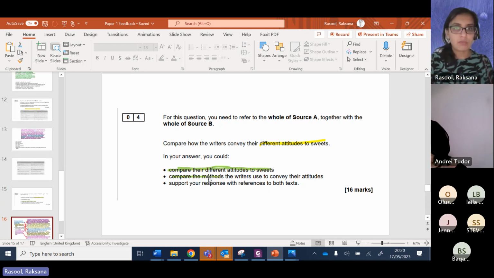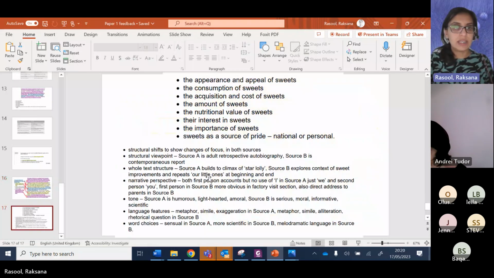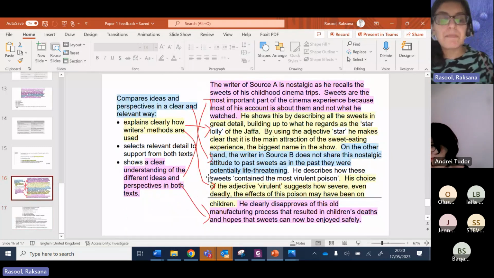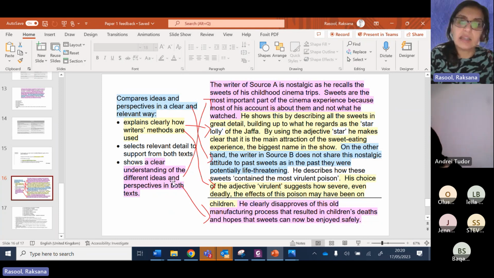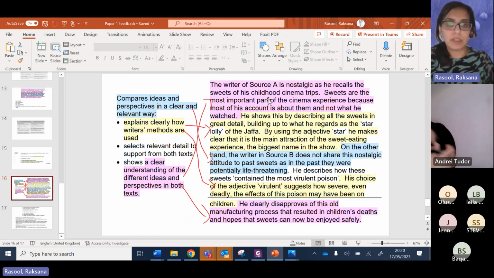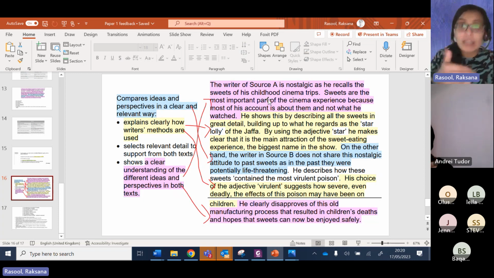So this is some of the things that you could say. Comparing ideas is in the blue, explaining the methods is in the yellow, and clear understanding is in the pink of both. This is just one paragraph, just one example of things you could have said. The writer of source A is nostalgic, which means he's looking back in a fond way. That's what nostalgia means.